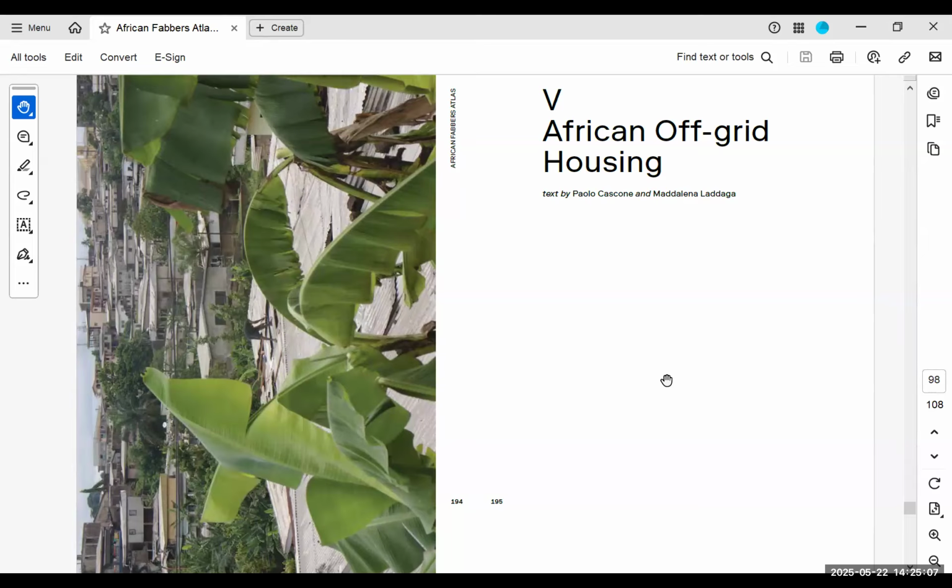So what I'm trying to say is that probably we need to learn from what we normally consider naive approaches in these places, a way to become a little bit more autonomous, a way to develop again responsive devices which respond to extreme climatic conditions, because extreme climatic conditions are arriving in Europe and the United States and also elsewhere.